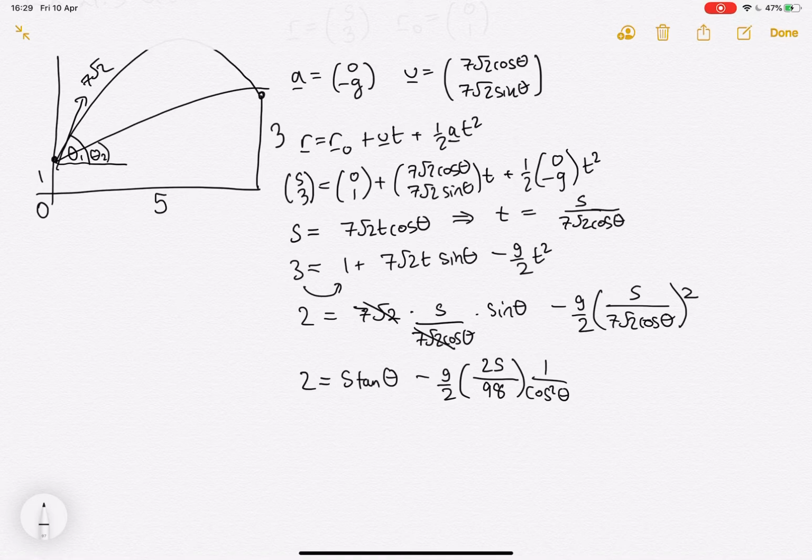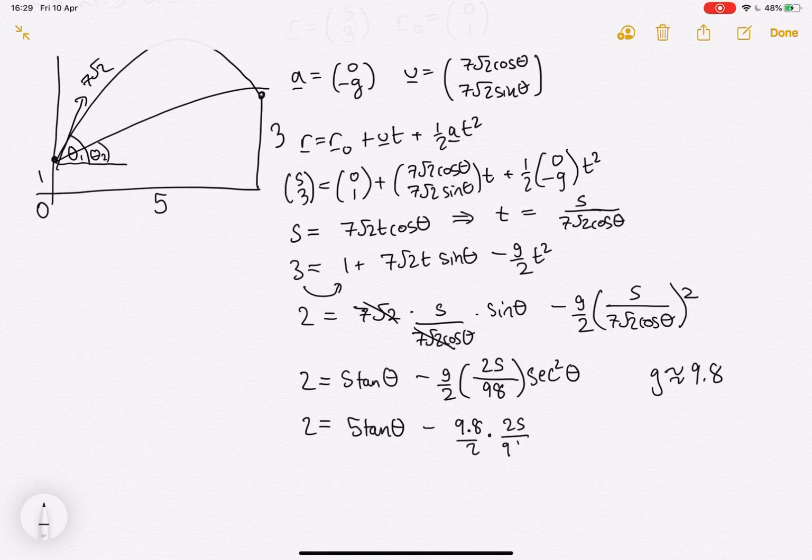But notice that 1 over cos squared theta is sec squared theta. So we can just write in here sec squared theta. And a bit of further simplification, we get 2 equals 5 tan theta, and if we use g as approximately 9.8, we get minus 9.8 over 2 times 25 over 98.